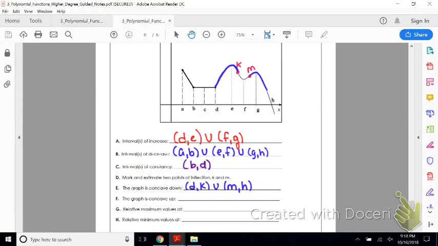Let me erase these and try not to erase my points of inflection. Oops, I erased some of my K there.